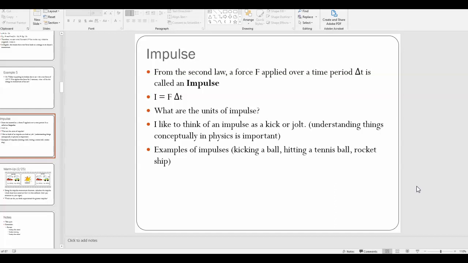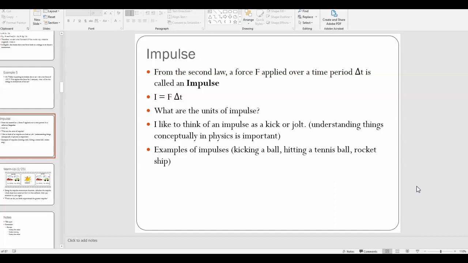And really, if you want to give a greater change in momentum, whether you're playing tennis or baseball or doing boxing, usually what they tell you is to follow through with your swing.